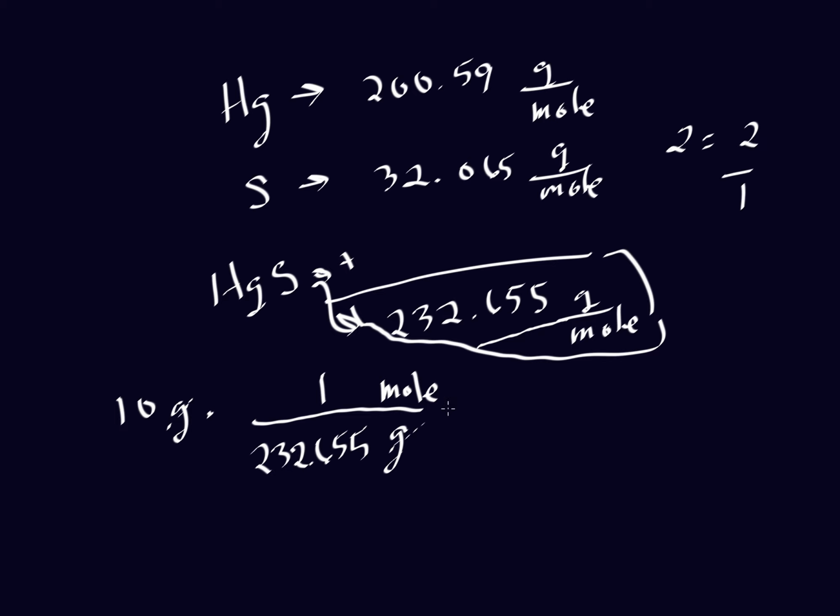So if we do this multiplication, grams will cancel, we'll be left with moles, and this comes out to 0.043 moles. So we have 0.043 moles of cinnabar. Let's erase the chalkboard again. 0.043 moles of what? Of HgS, because that's what we measured out 10 grams of.